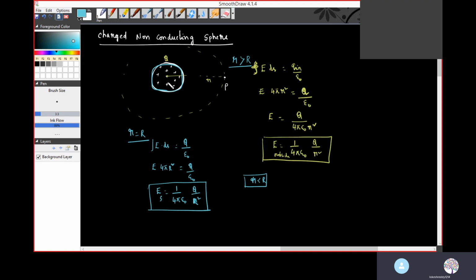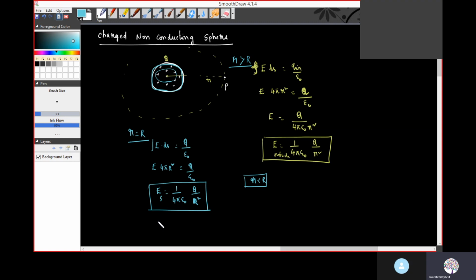And for r less than R, not 0, here you will have some charge inside, so you cannot write that as 0.